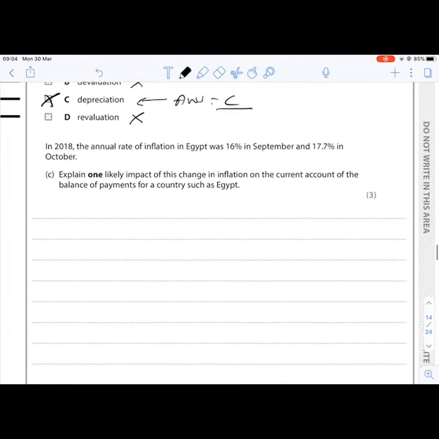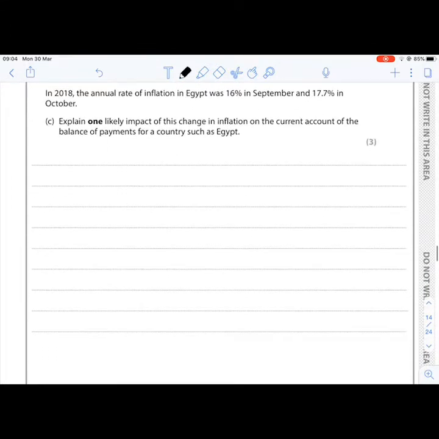The next question. In 2018, the annual rate of inflation in Egypt was 16% in September and 17.7% in October. So we take the 17.7 and take away 16, this is a 1.7% increase in price levels. That means the price of goods and services in Egypt has increased.